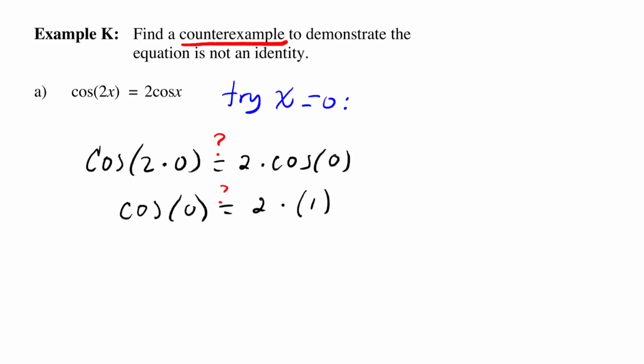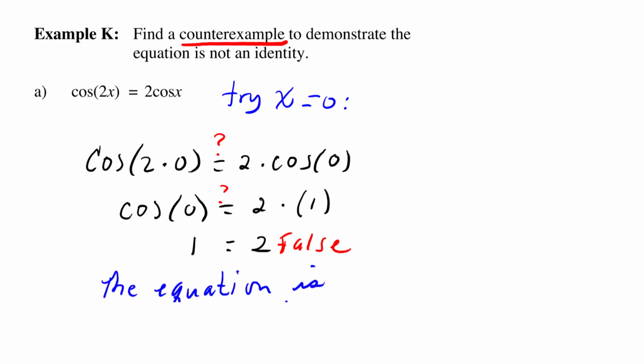In fact, that's what we get on the left side as well. 1 equals 2 times 1 is 2. That's clearly false. So again, this equation is not an identity. Our counterexample that we chose was x equals 0. That's one counterexample. There are many, many others.